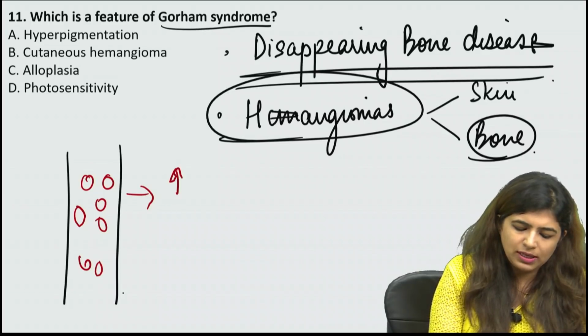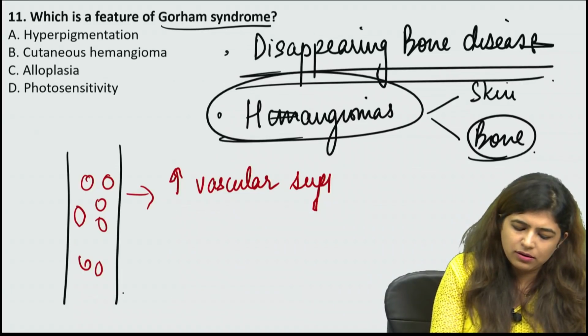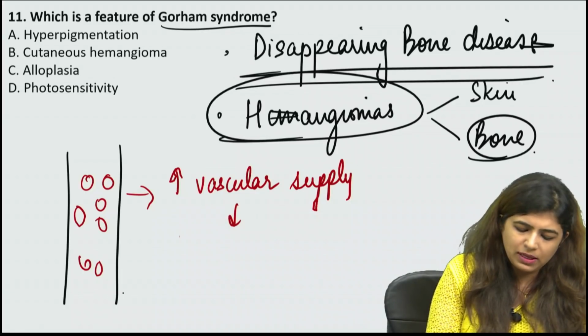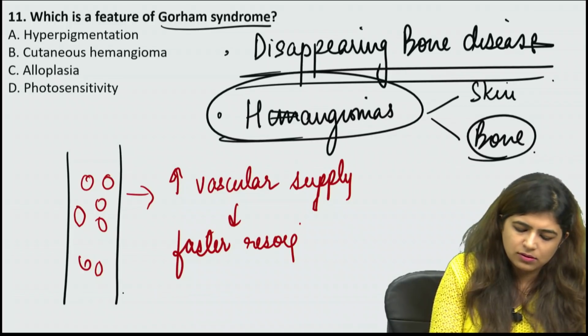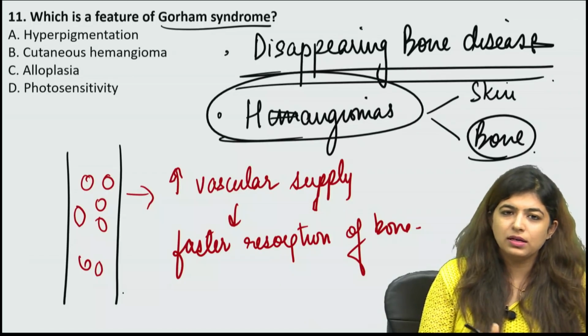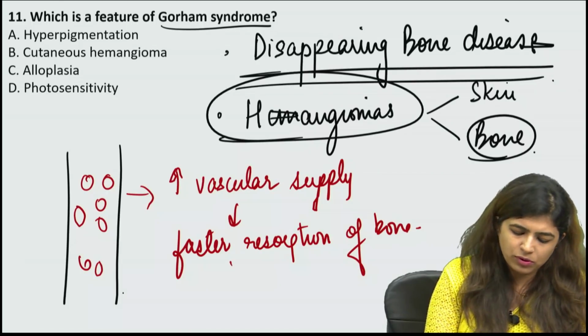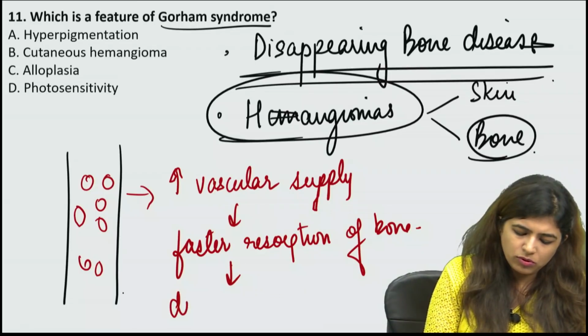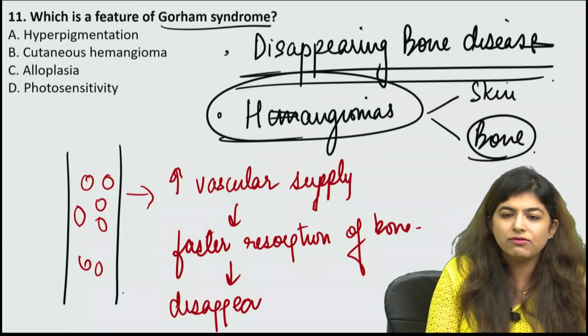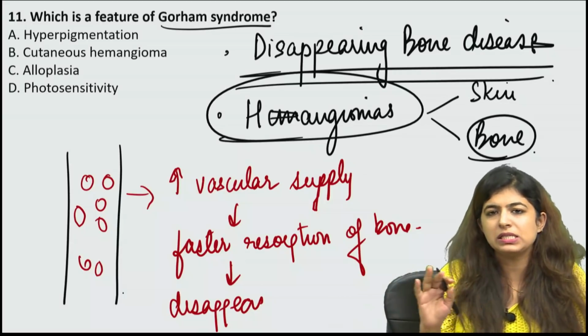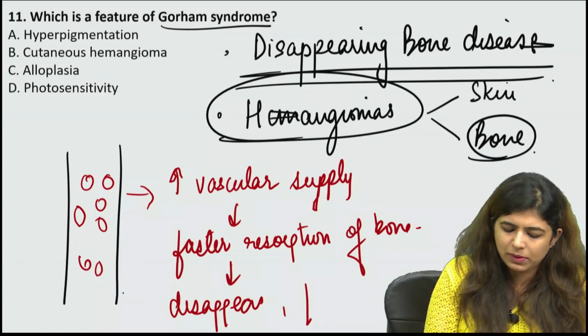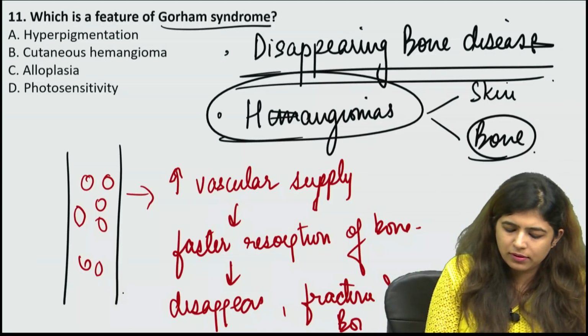So due to the increased vascular supply, there will be faster resorption of the bone, due to which the bone will disappear. It's as if it is completely resorbed and it is disappearing, leading to multiple fractures and bone pains.